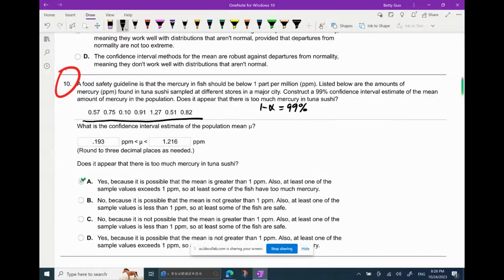All right. So calculator ready. Okay. So we're going to go to STAT. Go to STAT, and then shift to the right and highlight TESTS.